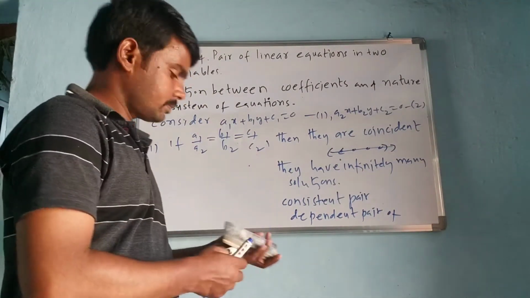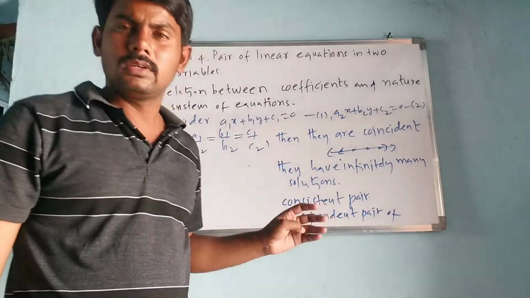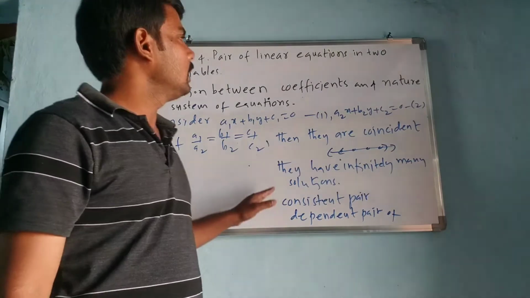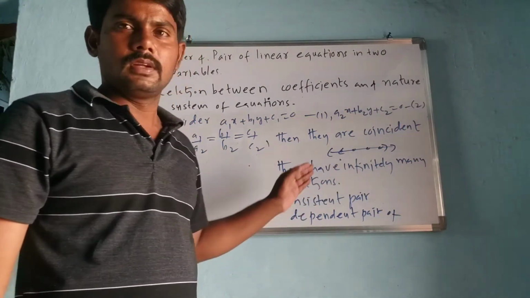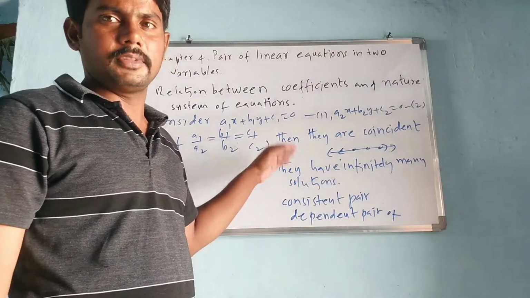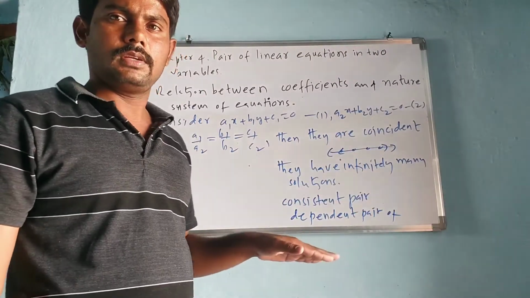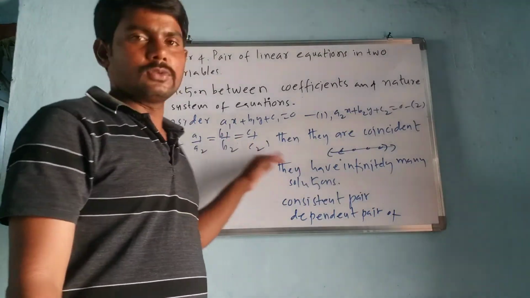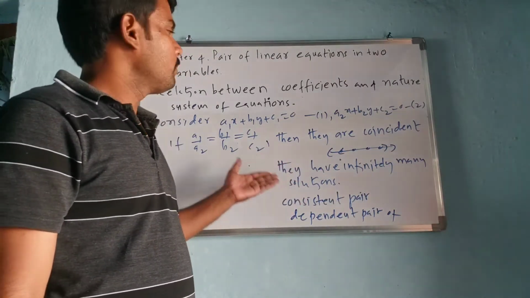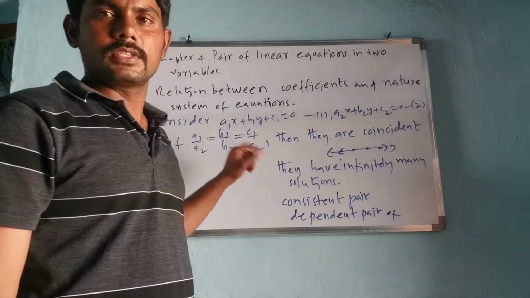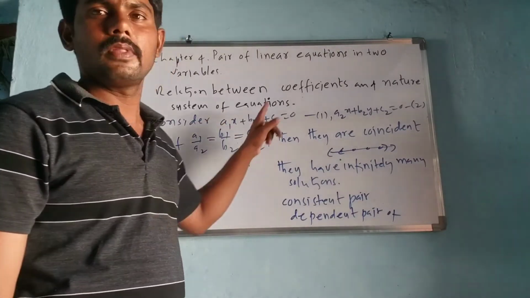So by using this relation between coefficients, we can easily understand the nature of the system of equations, such as whether they are intersecting, parallel or coincident, and also how many solutions they have, whether they are consistent or inconsistent.